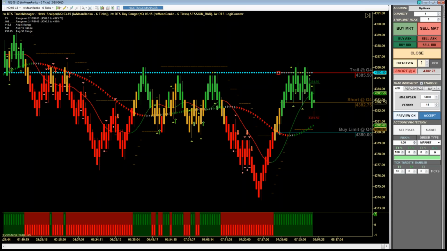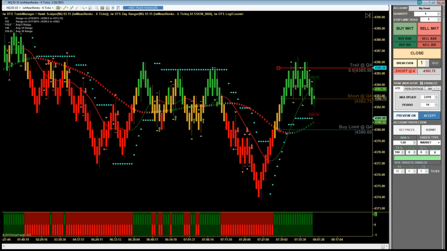Chris is asking, is there a way to trail the stop systematically 3 ticks behind the ATR? Yes, I think. No. You'd have to go with a different strategy. Or you could adjust your ATR so that it would be approximately 3 ticks off of the ATR line.